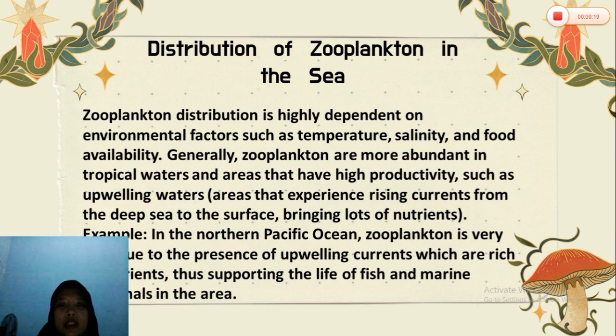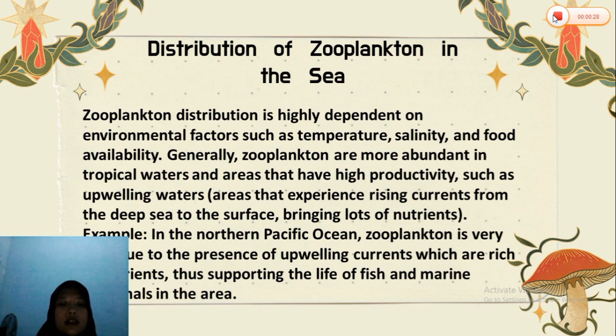Distribution of zooplankton in the sea. Zooplankton distribution is highly dependent on environmental factors such as temperature, salinity, and food availability. Generally, zooplankton are more abundant in tropical waters and areas that have high productivity, such as upwelling waters, areas that experience rising current from the deep sea to the surface, bringing lots of nutrients.